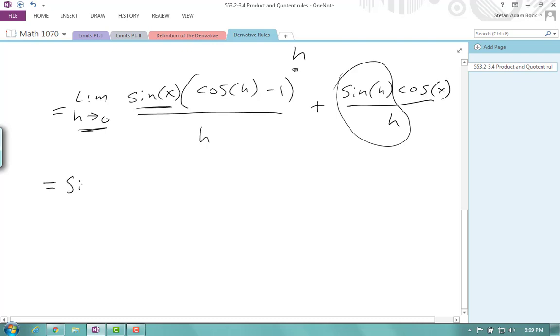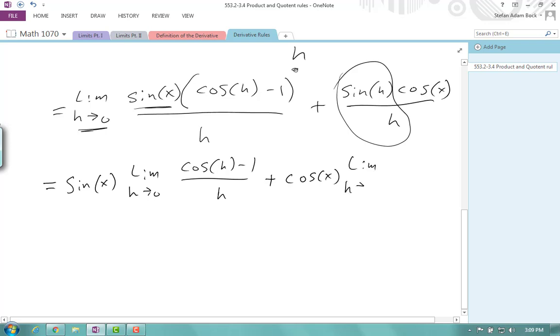I'll have sine of x times the limit as h goes to 0 of cosine of h minus 1 over h, plus, further doing the limit laws, I'll have cosine of x times the limit as h goes to 0 of sine of h over h. And these are precisely the limits I prescribed up above.